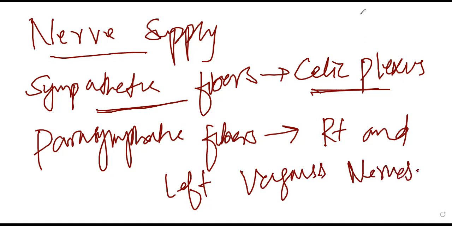This was the arterial supply, the venous supply, the nerve supply of the stomach.